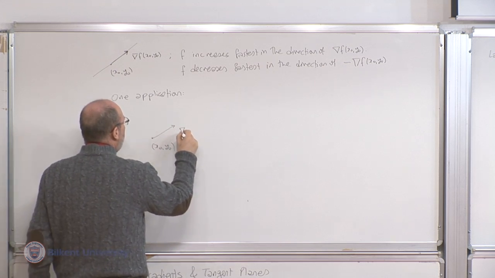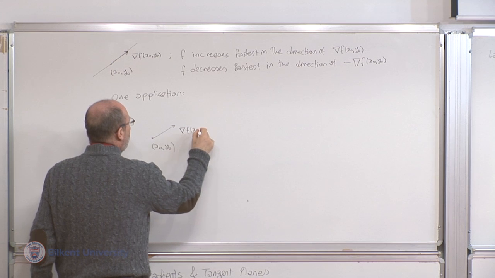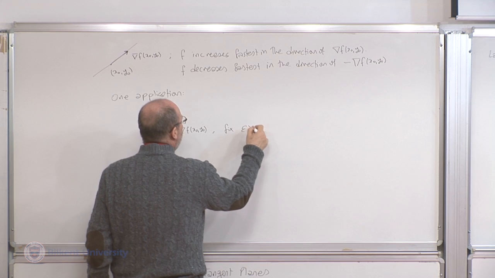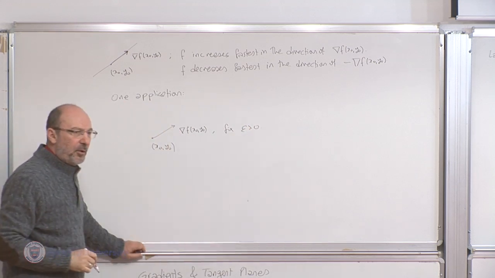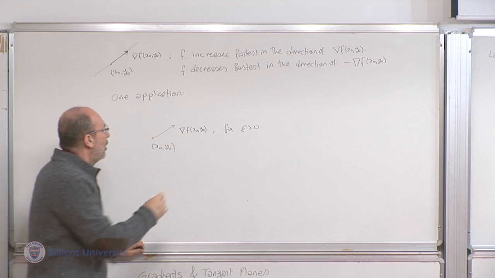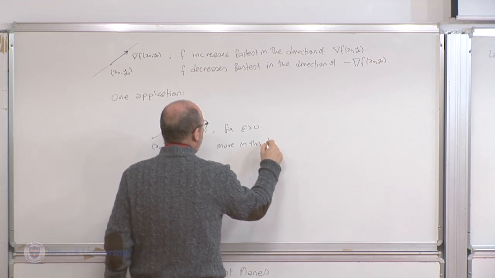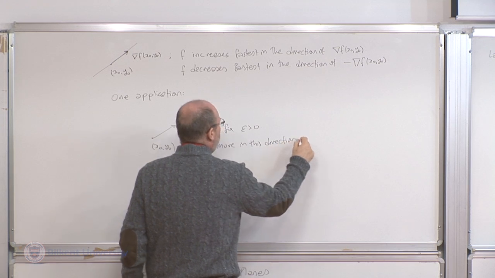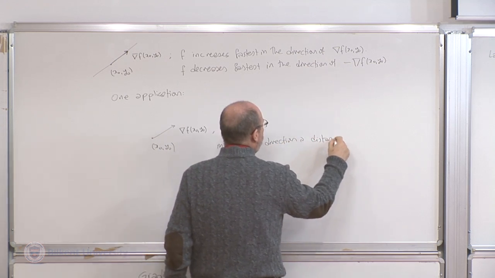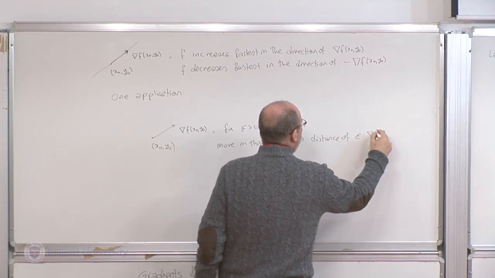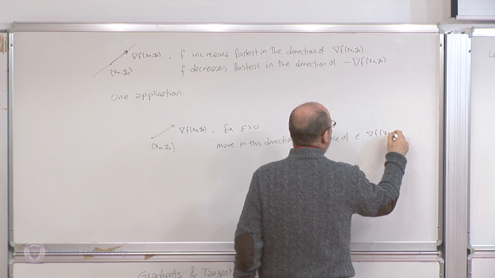So this is the gradient vector at (x sub 0, y sub 0). So you fix an epsilon positive. This is how precise you want your answers to be. So move in this direction a distance of epsilon times the gradient of f at (x sub 0, y sub 0).